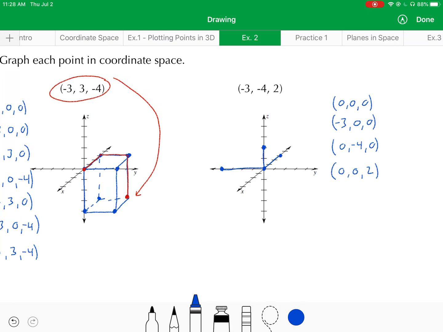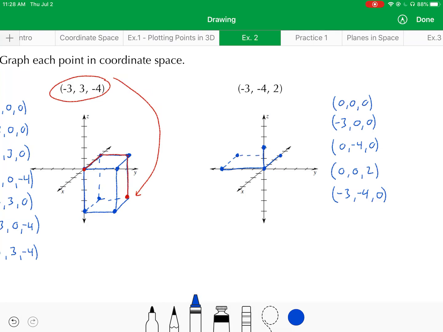All right. Now I'll come up with all of my corner points whose coordinates, one of them is 0. So that would be -3, -4, 0. From the origin, move 3 back and then 4 left. That's going to take me to right about here, so that when I connect these 2 points, see that line is parallel with the x-axis.